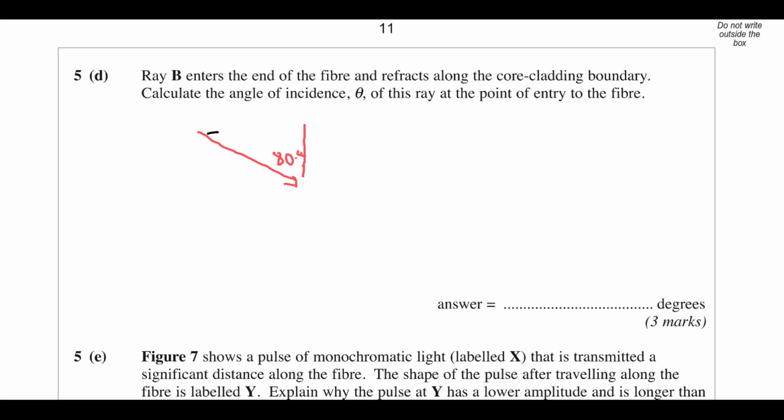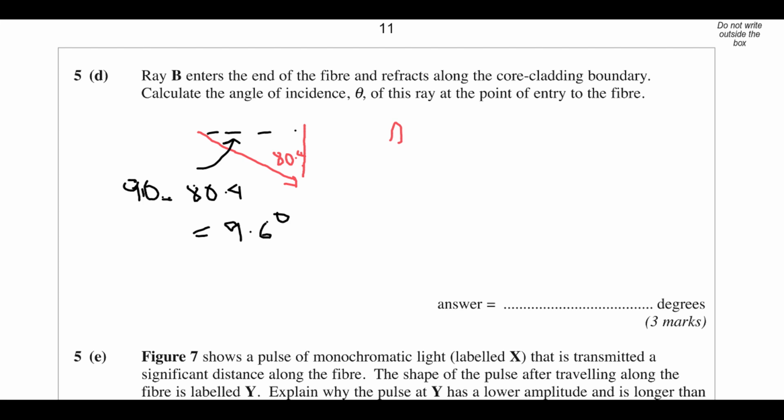So then if we complete the right angle, we know its angle of refraction is going to be 90 minus 80.4, which is going to be 9.6 degrees. That's the angle of refraction after it's crossed the boundary into the optical fibre.